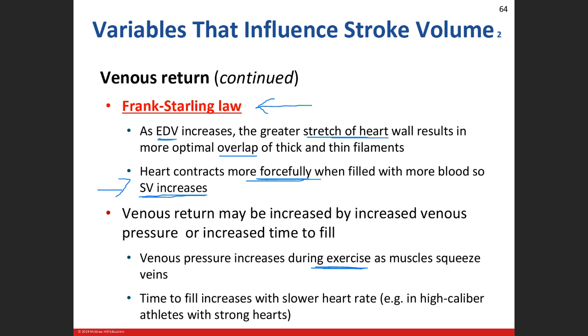Now, when we're exercising, what do you do? Like running, for example, or let's say riding a bike. You're exercising. And we talked about it in lab on the first day. Veins have valves. Basically, the valves prevent backflow, much like the heart.